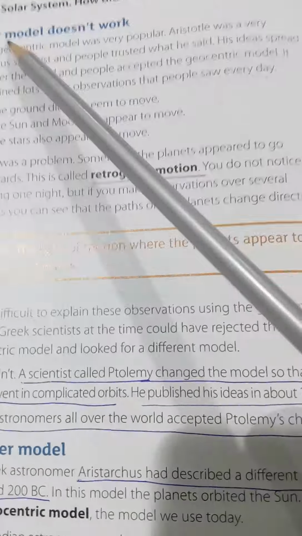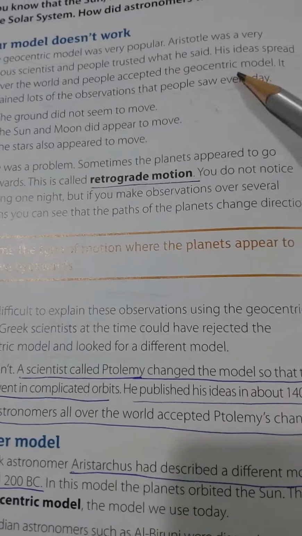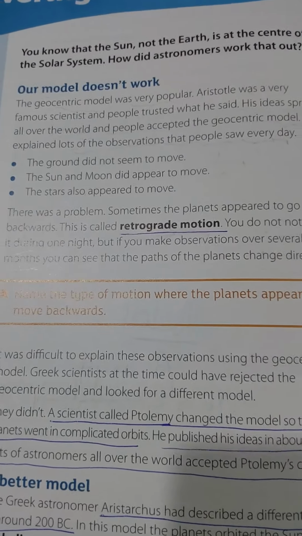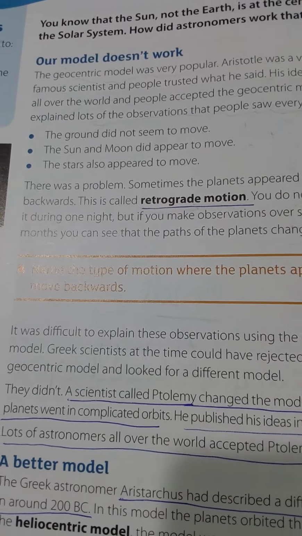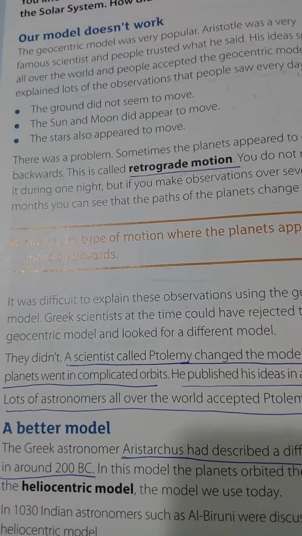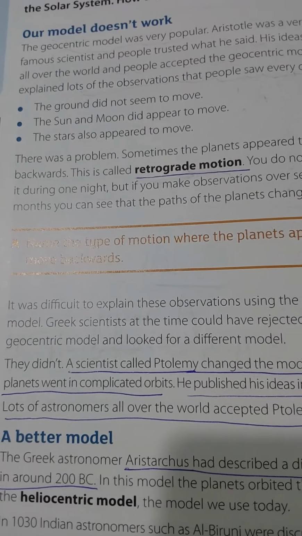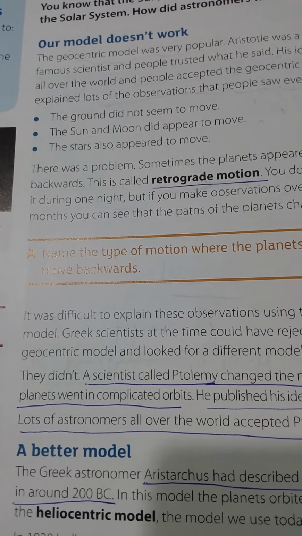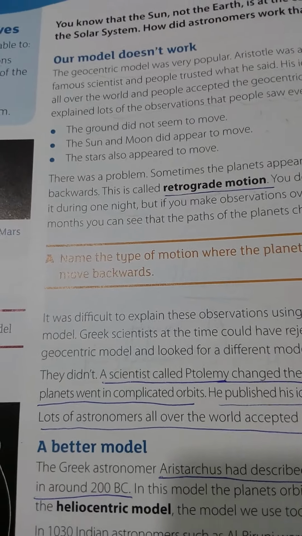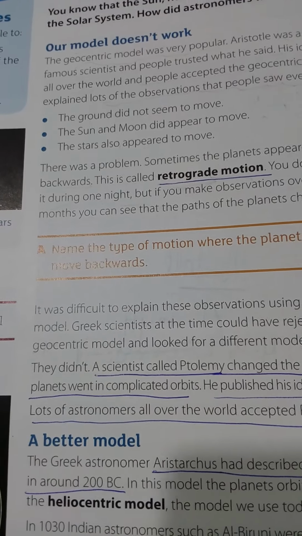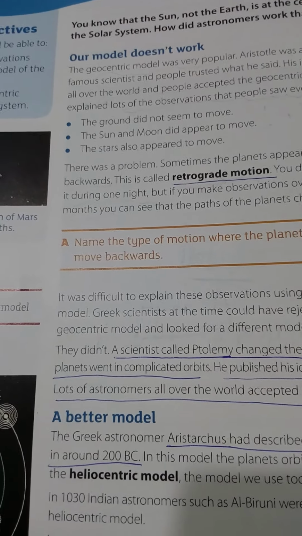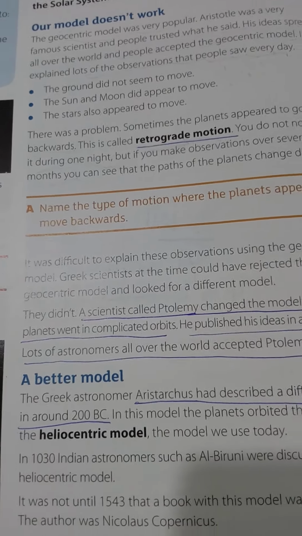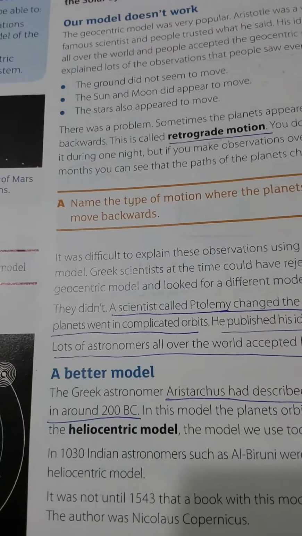Okay, so if you look at it, our model doesn't work. We are looking at the various models, and one way or the other trying to compare them and see how they work. That is why they gave it such a topic. Good. Now, we said what is the better model?